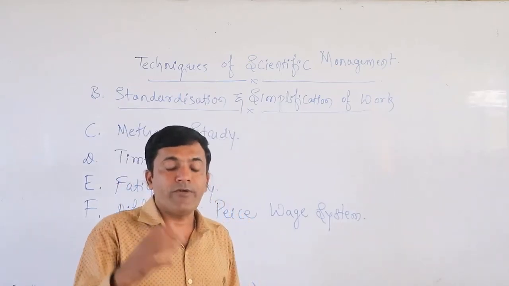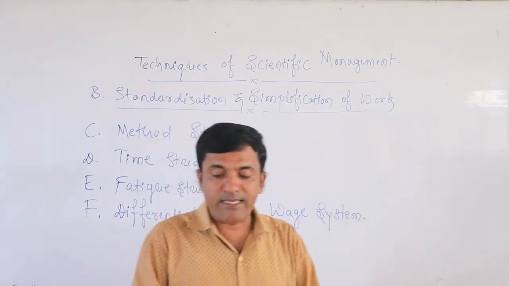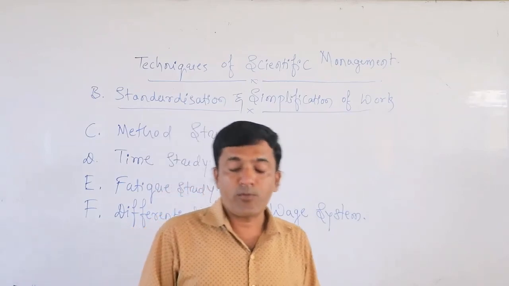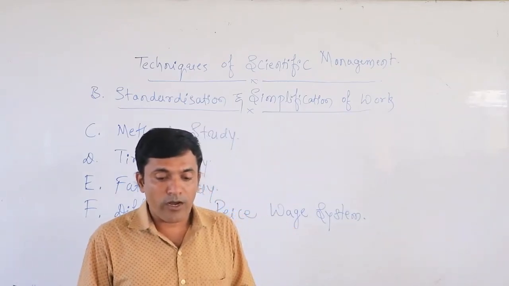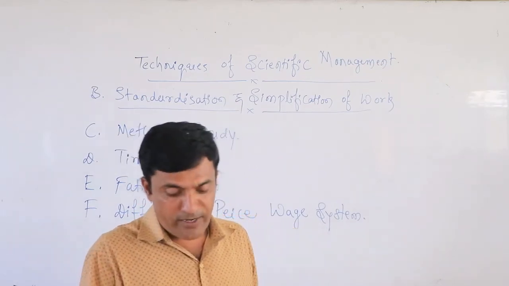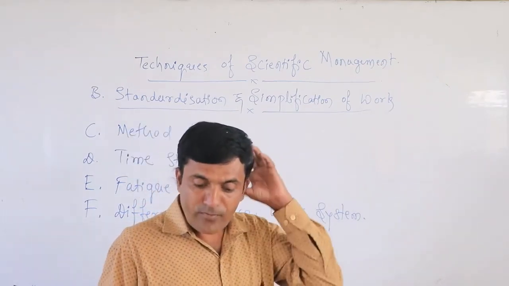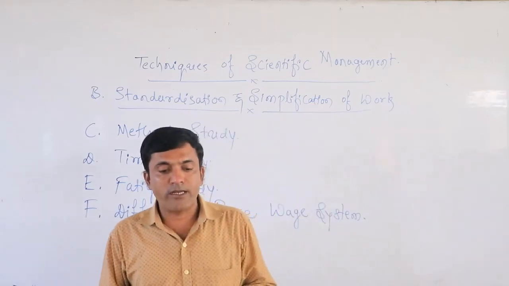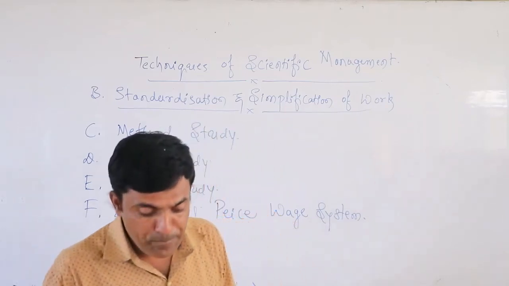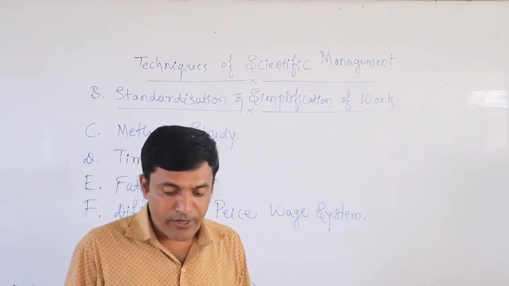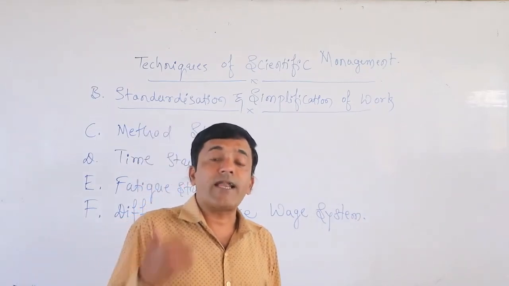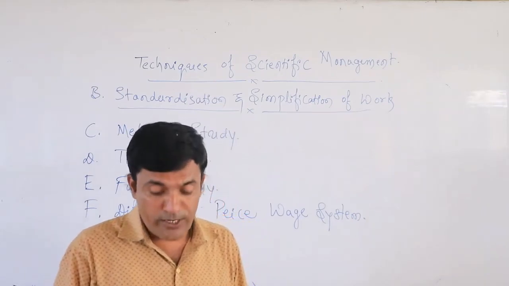For example, I'll give you one example. Standard task is 10 units. The rates are rupees 50 per unit for producing 10 units or more, and rupees 40 per unit for producing less than 10 units. Very simple task. Worker A produces 11 units, he gets rupees 550, because he has crossed the standard output of 10 units.